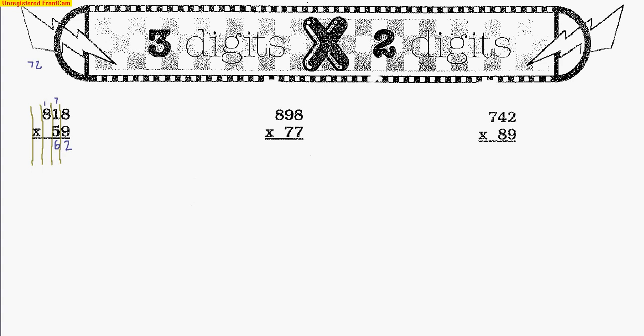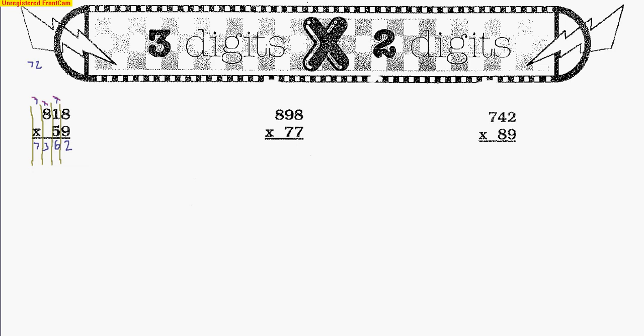So 9 times 8, now I'm in the hundreds place, so that number is going to go right below in the hundreds place value spot. 9 times 8 makes 72, plus 1 makes 73. So I have the 3 here, and then I carried the 7 into the thousands place and just brought it straight down. Well, now we can cross off all this carrying business because we are going to the next number.